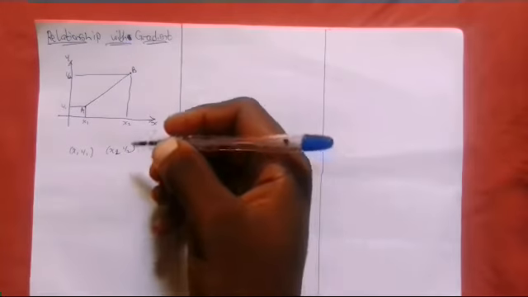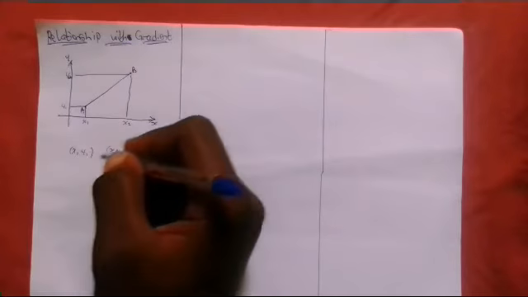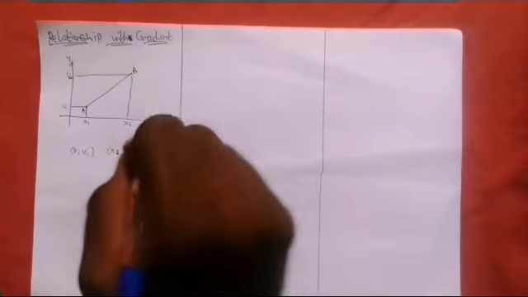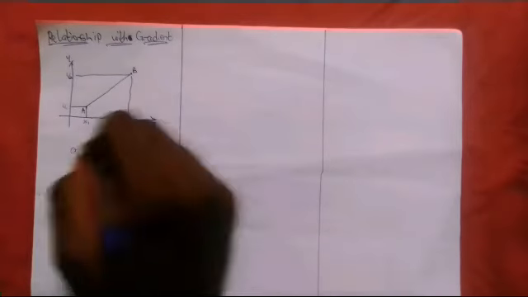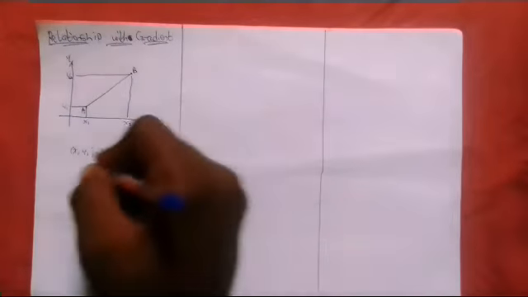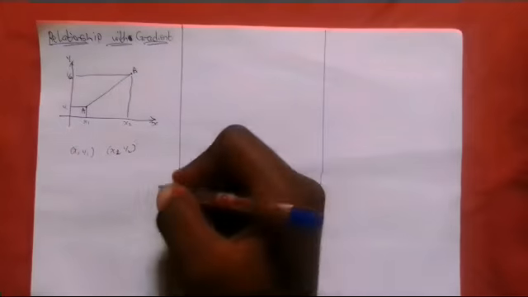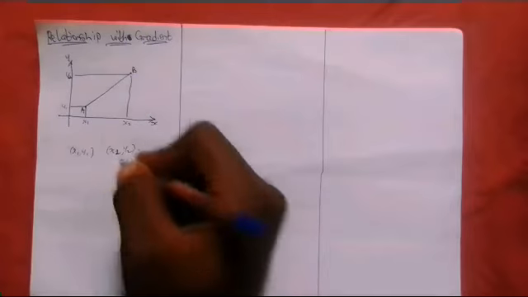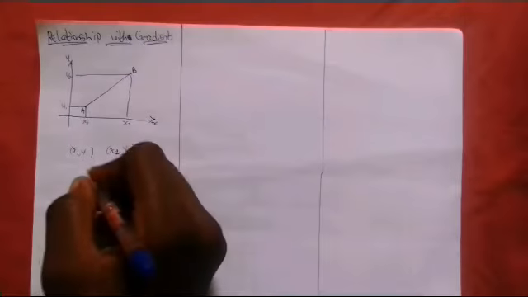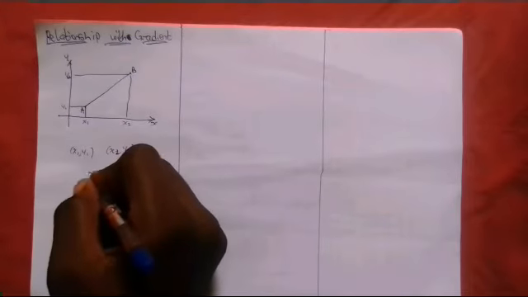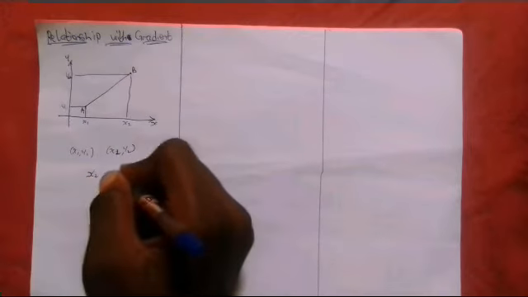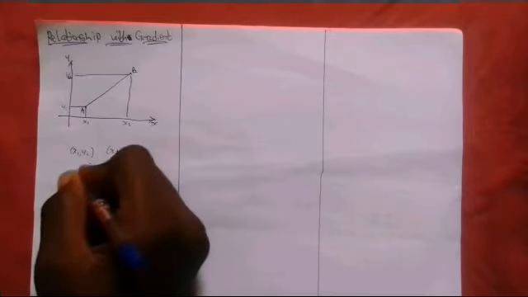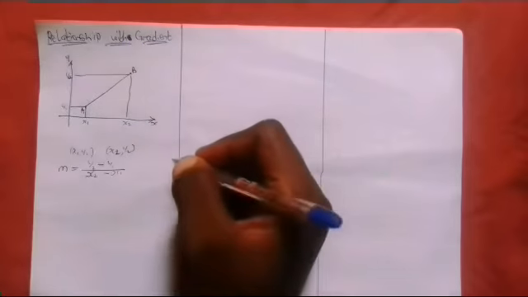We said the straight line is the shortest distance between two points, but the gradient is the ratio of change of the y points to the x points, which means that if these are the coordinates of the straight line, then we have y2 minus y1 over x2 minus x1 as the value of our gradient.